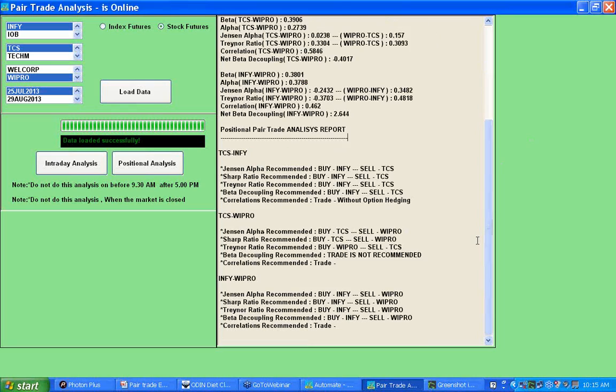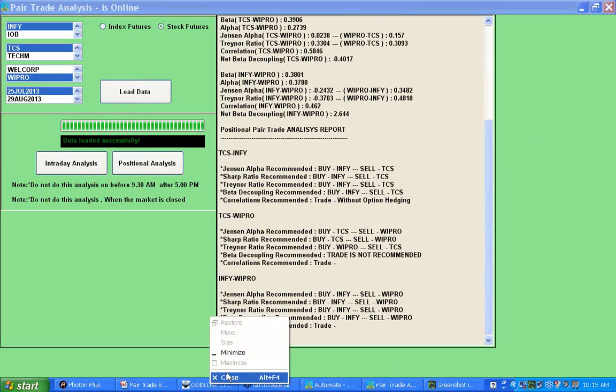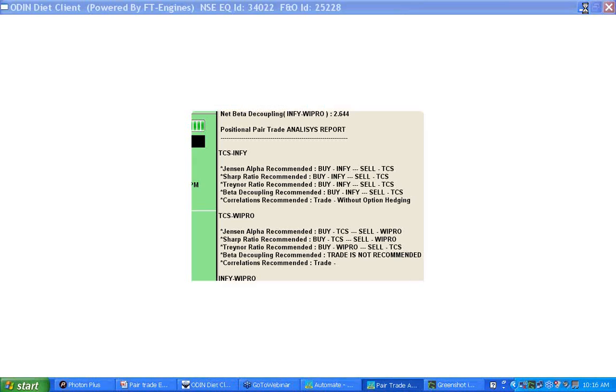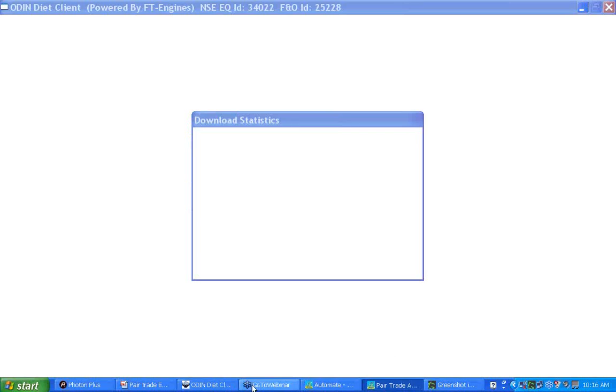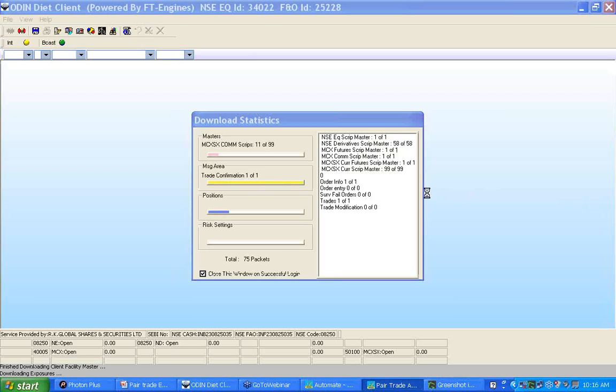So let us see what price these two companies are quoting now. Does anyone have the pricing to give me?